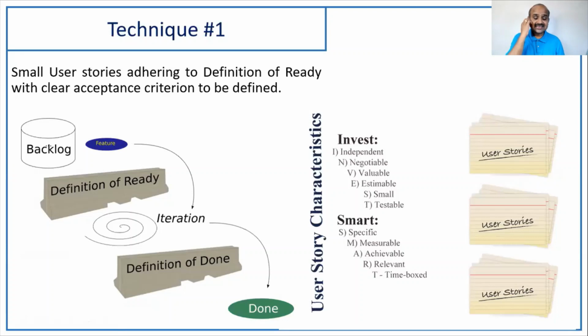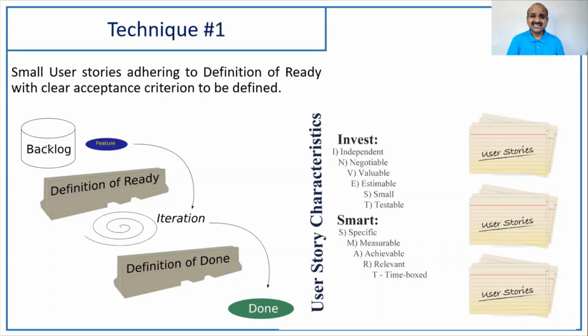Yeah, so then only we consider it as done. So what is important? Stories should be of the right size, small size, and should be definition of ready compliant, and only definition of done stories you should say are done, and you should realize the entire velocity for that. This transparency is important.